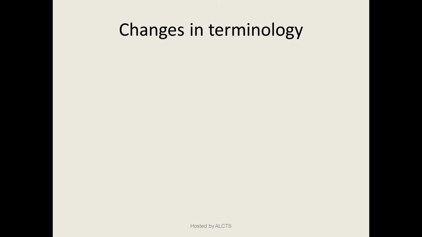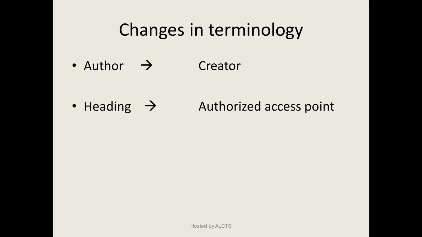Now let's move on to changes in what you'll see in catalog records. First, with a few words about changes in terminology. Author in RDA becomes creator. Heading, something that came straight out of the card catalog era for the text typed at the heading of a catalog card, becomes authorized access point.